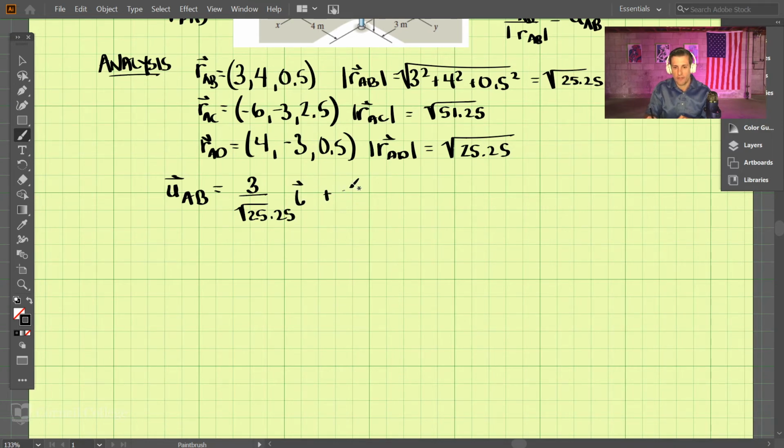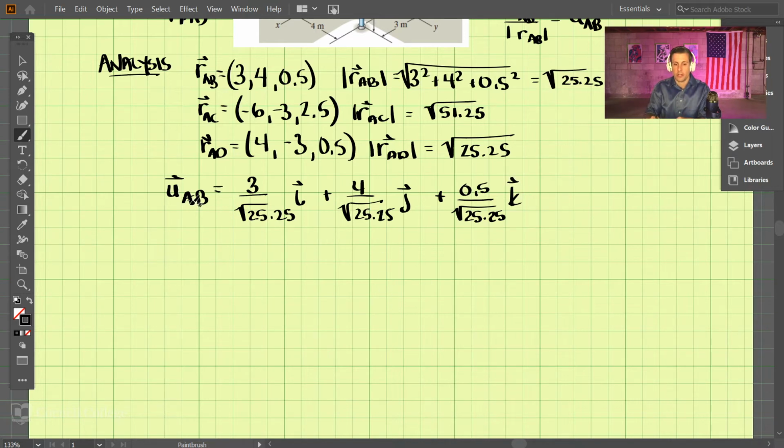And then we have 4 divided by its magnitude, square root of 25.25, in the J direction, and then 0.5 divided by square root of 25.25 in the K direction.